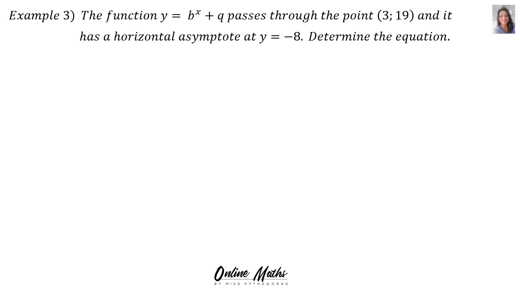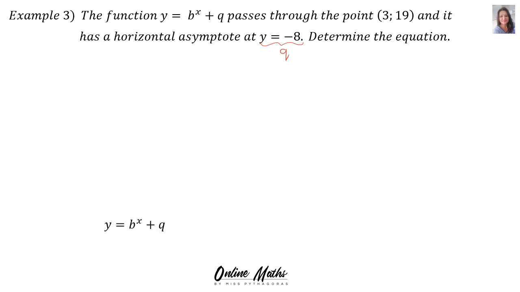So can you see in the previous two examples, the horizontal asymptote was only indicated on the sketch. Now, in this case, they tell you the horizontal asymptote is at y is equal to minus 8. So now you have to interpret that as q's value.